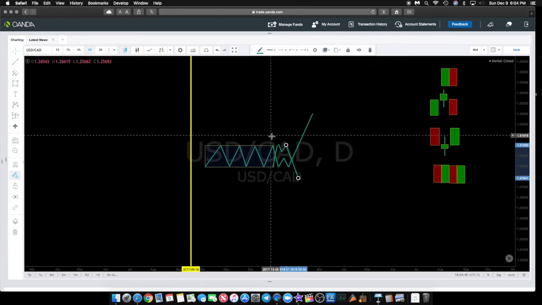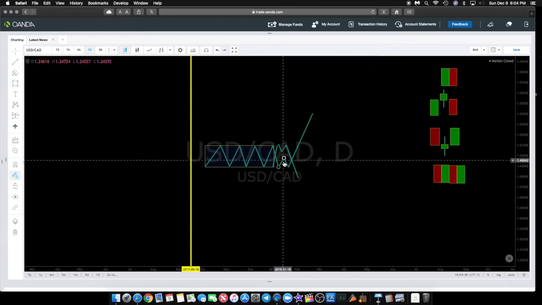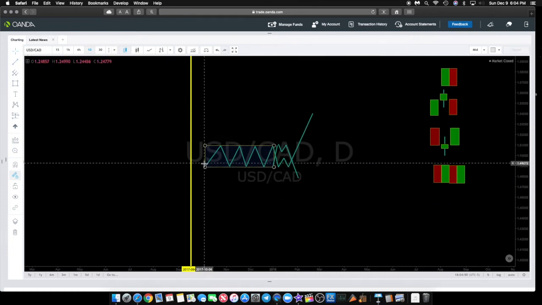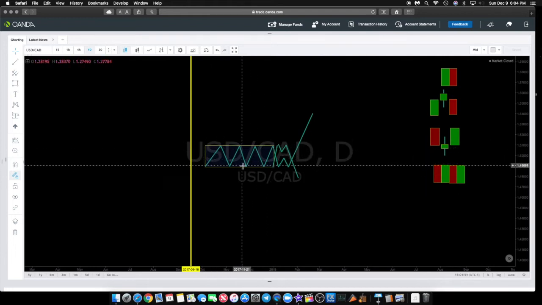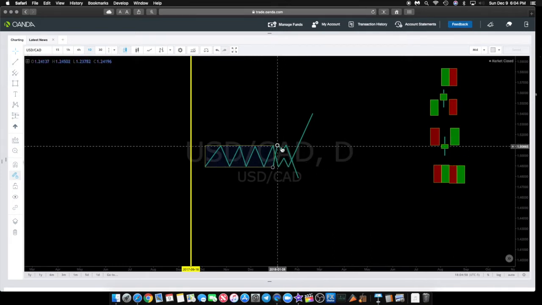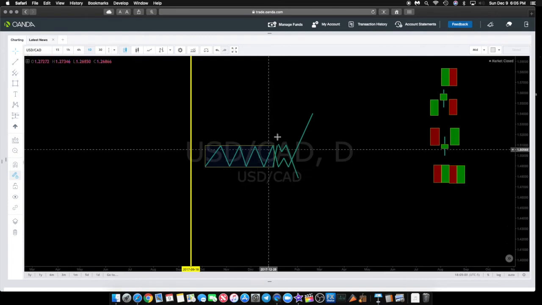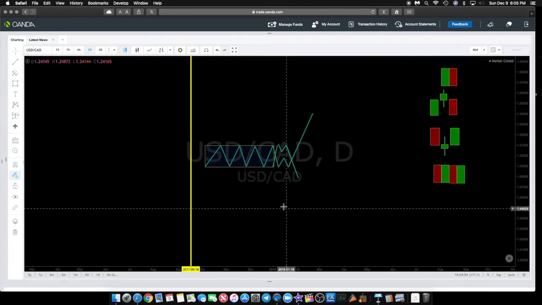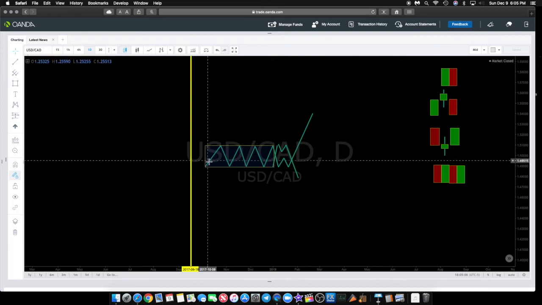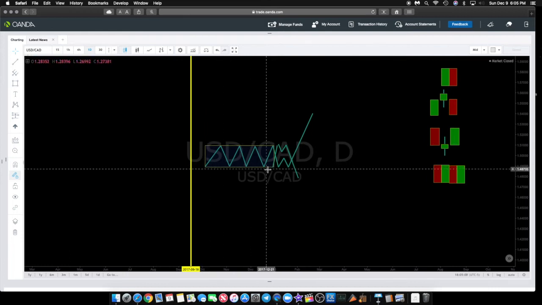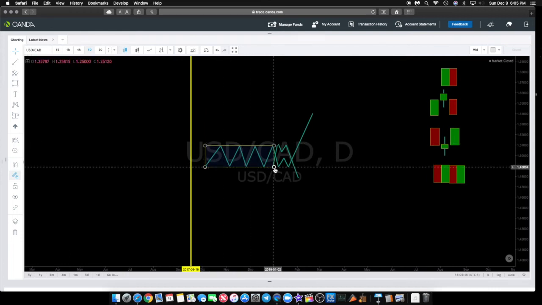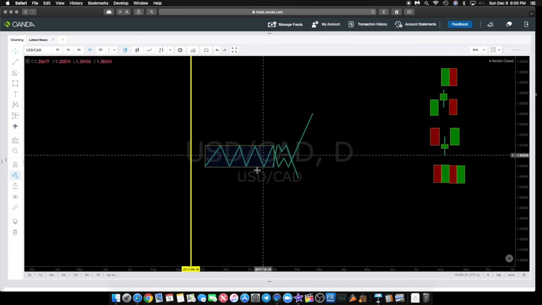So one of two things: once you block out the Asian block, it's basically going to stay here at the low or at the high. It won't go above it. Remember, Type 1 was when it went above or below. This one, Type 2, is basically when it is staying either at the low or at the high.